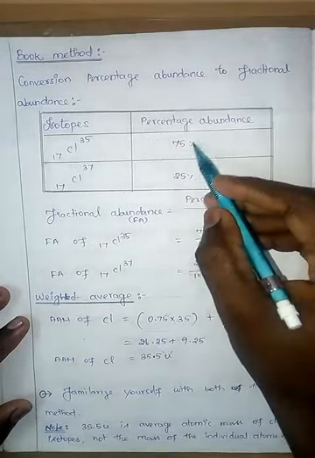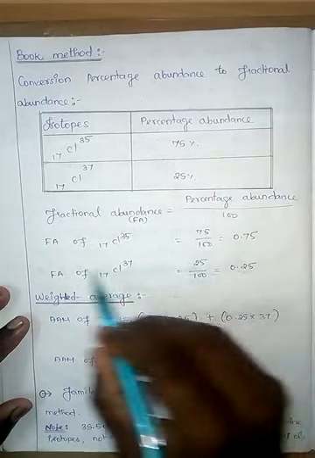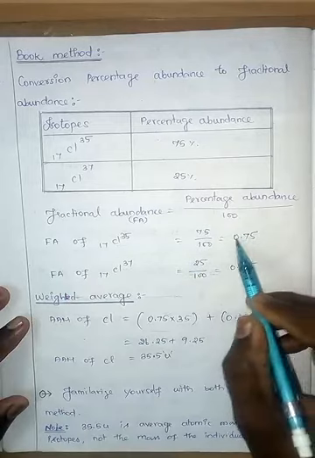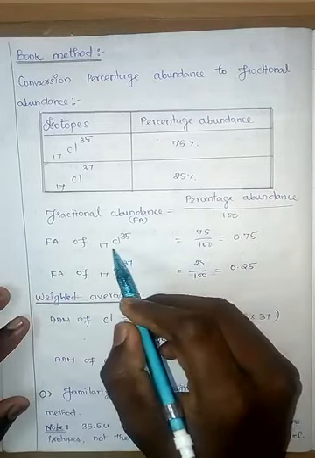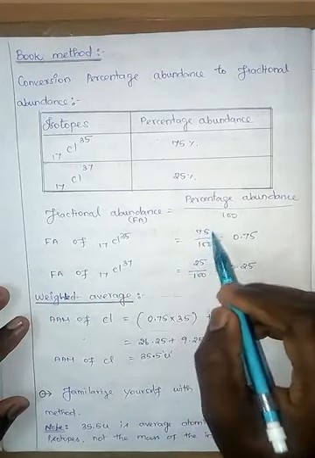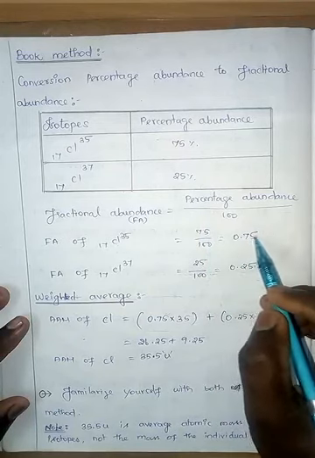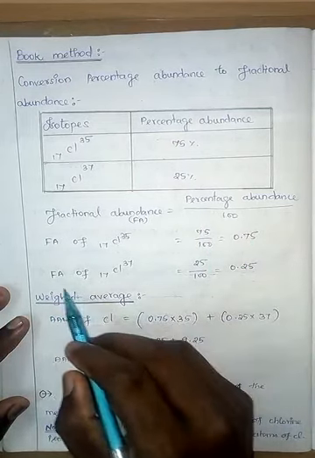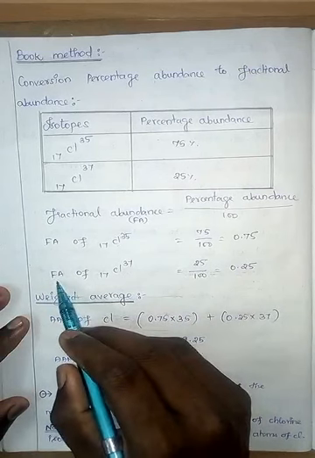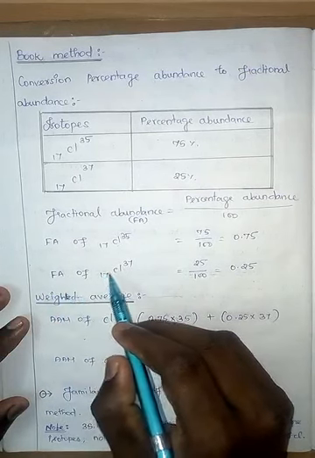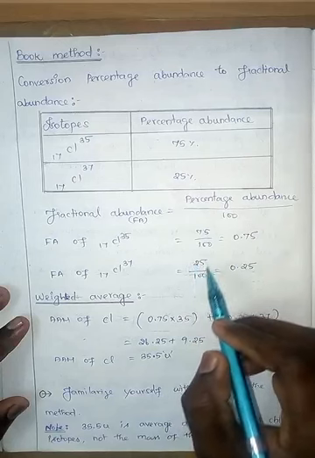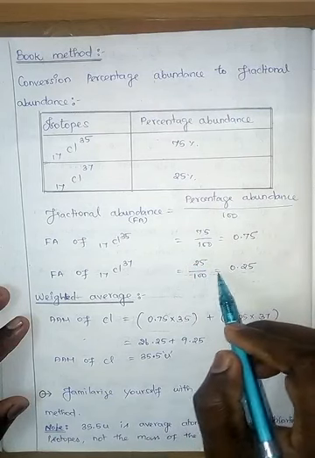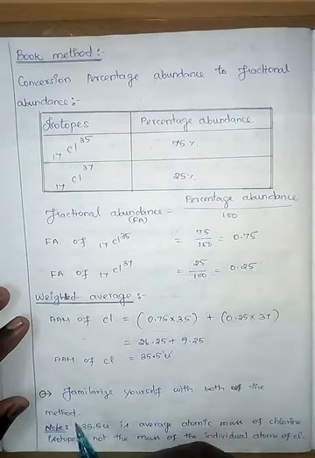So we are cancelling out the percent so that we will get the fractional abundance. Fractional abundance of 17 chlorine 35 is equal to 75 divided by 100, which is 0.75. Similarly, the fractional abundance of 17 chlorine 37 is 25 divided by 100, which is 0.25.